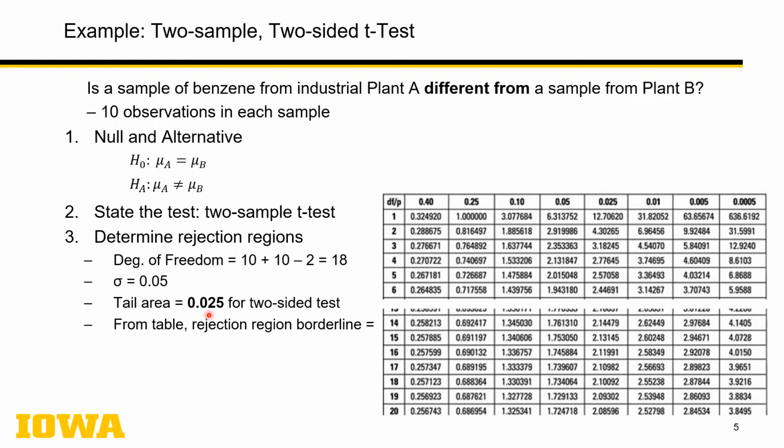The tail area is 0.025 for a two-sided test, just as we saw. And so from the table, we are going to pull a number, and it's going to be 2.10092, coming off the row of 18 degrees of freedom and the column of 0.025. So now is the test statistic greater than 2.1? We'll see.